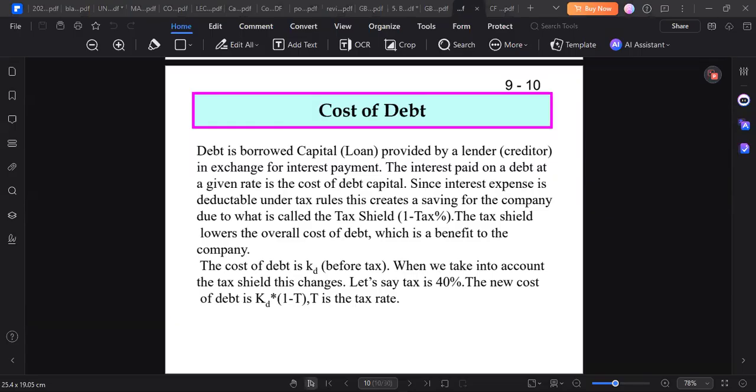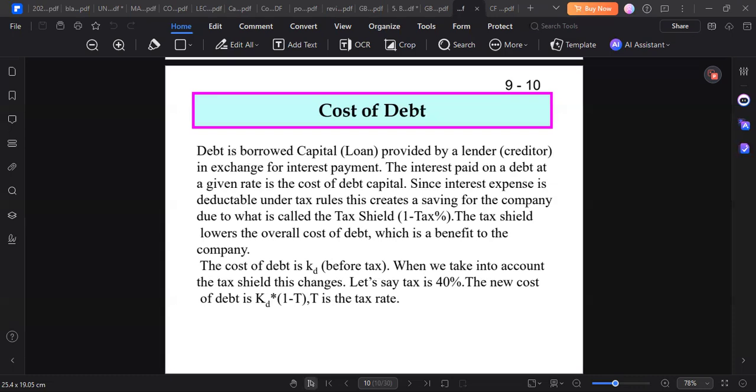The cost of debt is borrowed money, and its cost is the interest rate the firm will pay. However, this interest expense is tax deductible, so it creates the so-called tax shield. The government effectively pays part of this interest.